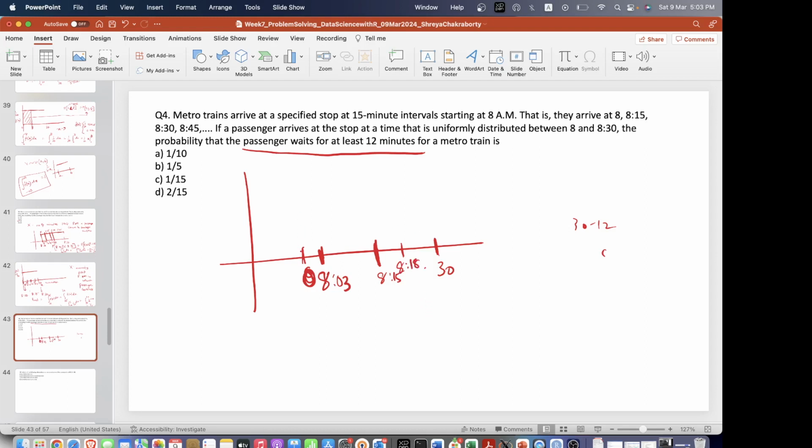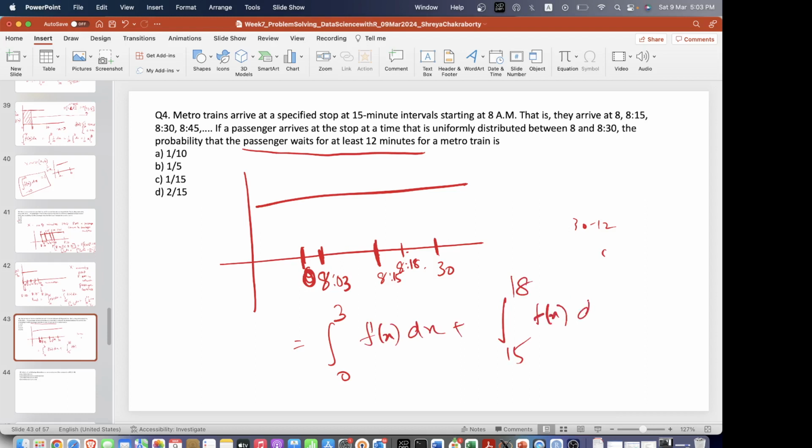Alright, so then he has to arrive either from 8 to 8:03 or between 8:15 and 8:18. So that would be the integral from 0 to 3 of f(x) dx plus the integral from 15 to 18 of f(x) dx. So this would be 3 by 30 plus 3 by 30. This would be 6 by 30. That would be 1 by 5. And that is the answer.